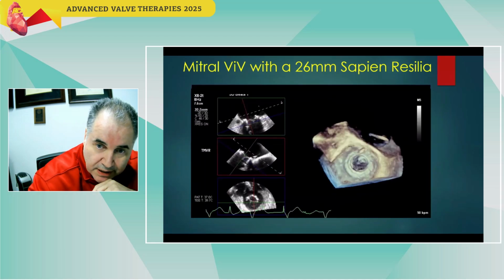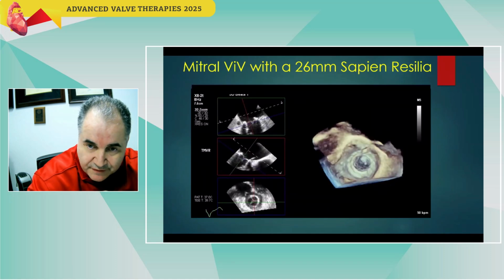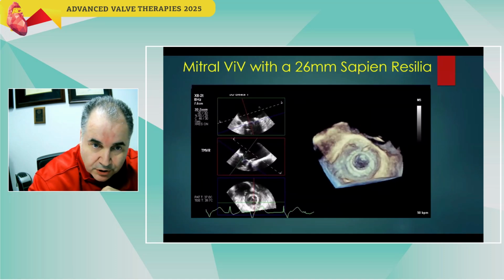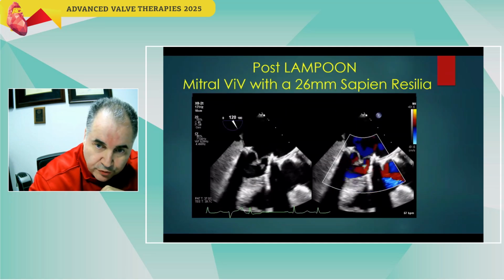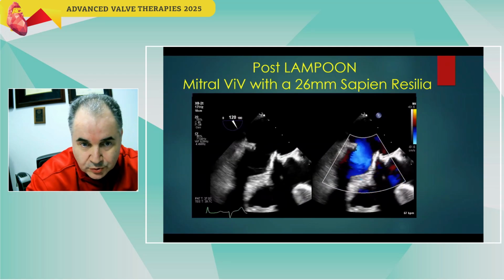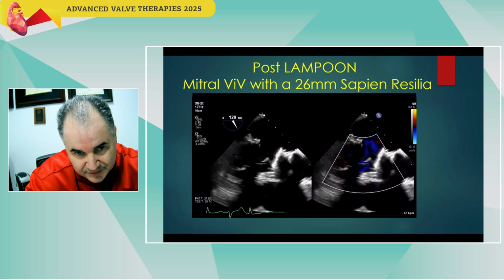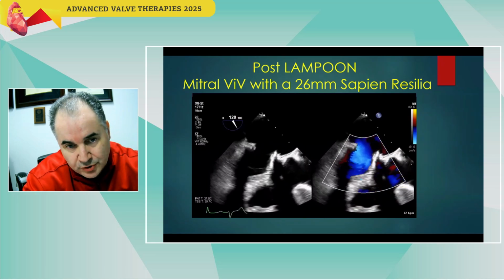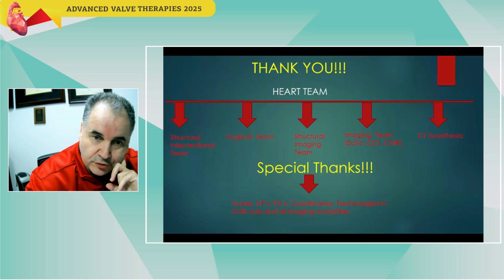As you can see here, from severe mitral stenosis, post valve-in-valve, wide open and no new LVOT obstruction. You see the flow through the LVOT. This procedure would not have been possible without the LAMPOON procedure, or if done without LAMPOON, it would have been a catastrophe, complete obstruction of the new LVOT.